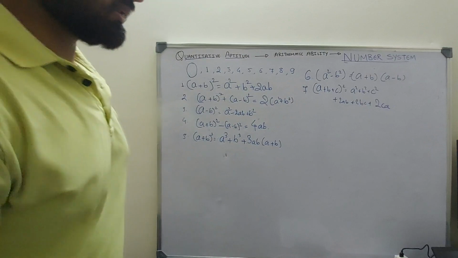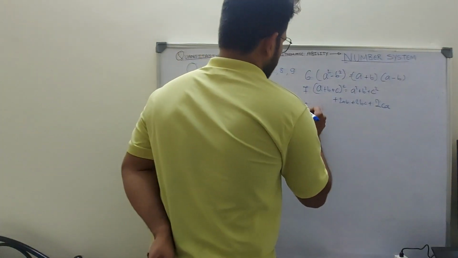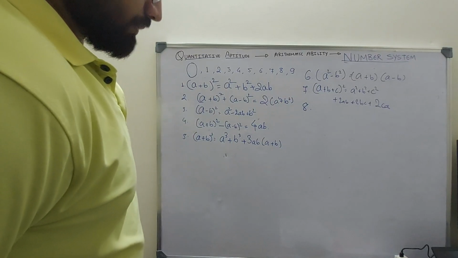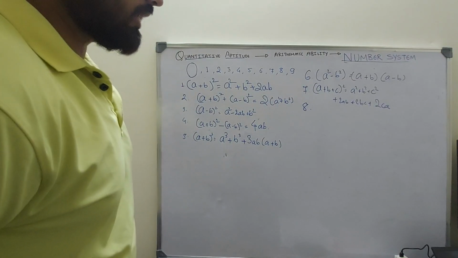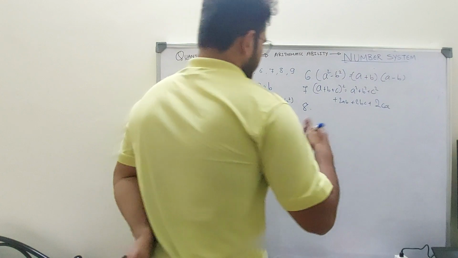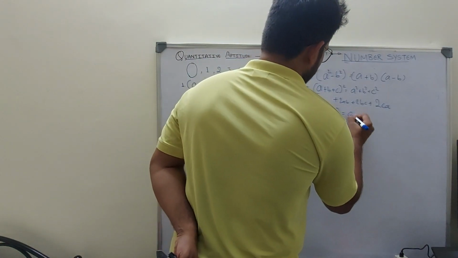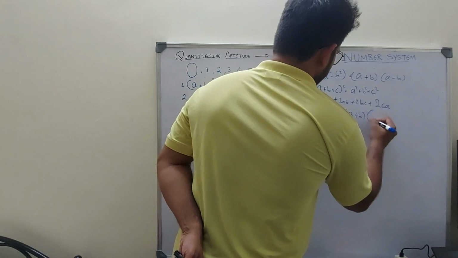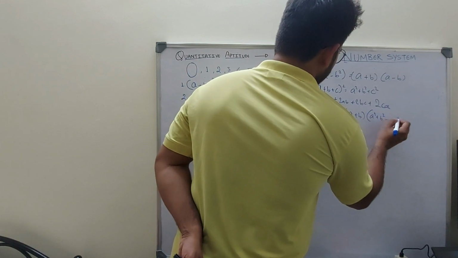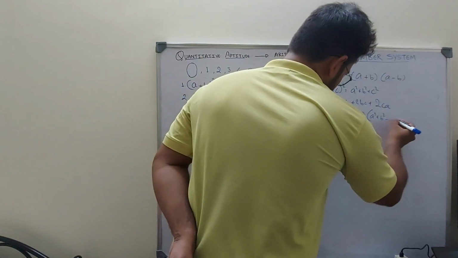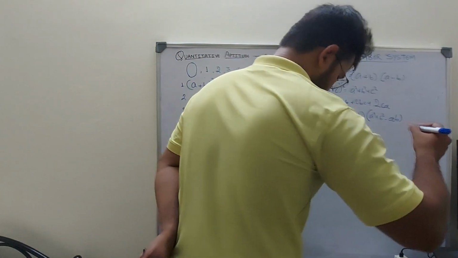Okay, remember this. Now the eighth formula is a cube plus b cube is equal to (a plus b) into (a square plus b square minus ab).